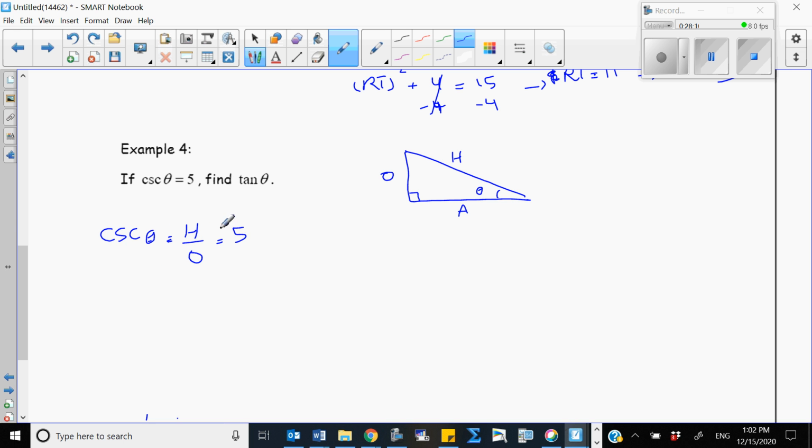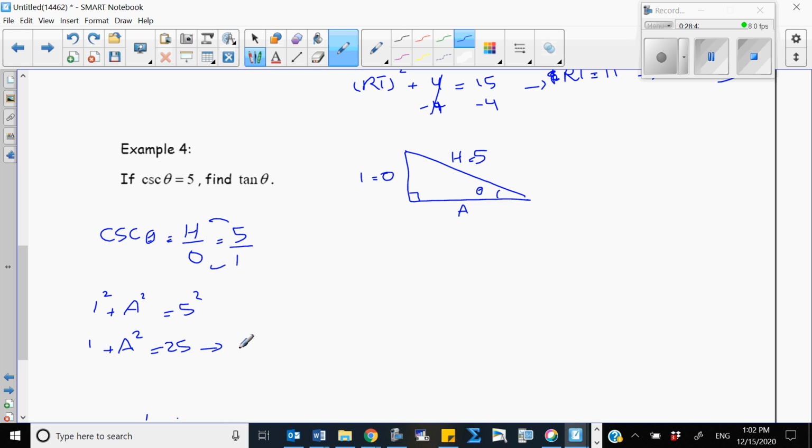How do I match the sides with this? I'm just going to put a denominator of 1 here, then match these. Now hypotenuse is 5 and opposite is 1. Now I can find the other side first. These two are the legs. I can write 1 squared plus a squared is equal to 5 squared. So this is 1 plus a squared equal to 25.